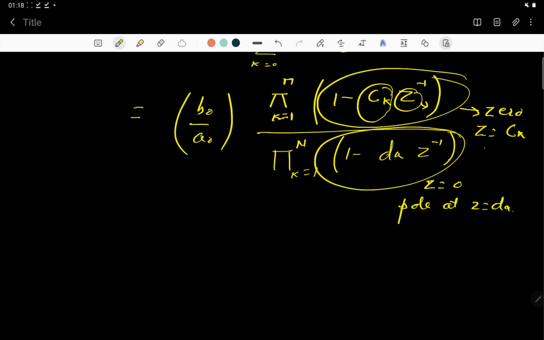Okay, so it will contribute a zero at z equals c_k, and a pole at z equals 0, it will contribute a zero at z equals 0, and a pole at this.